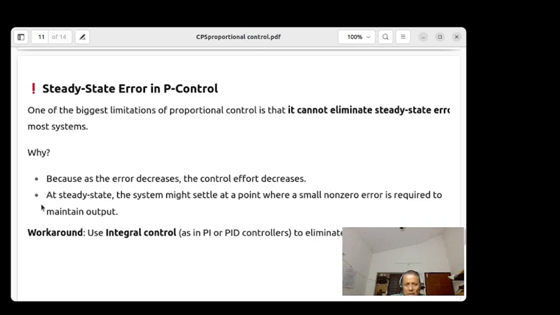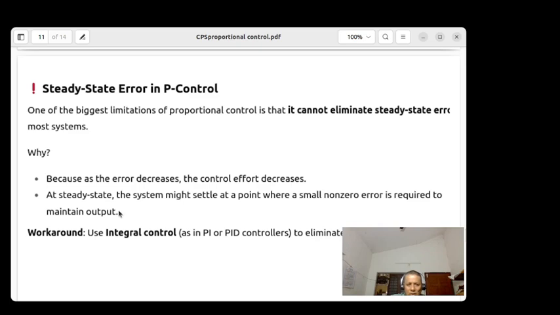If the error is less, Kp into error, that value will reduce. So at the steady state, the system might settle at a point where a small non-zero error is equal to maintaining the output. So always there will be an error.